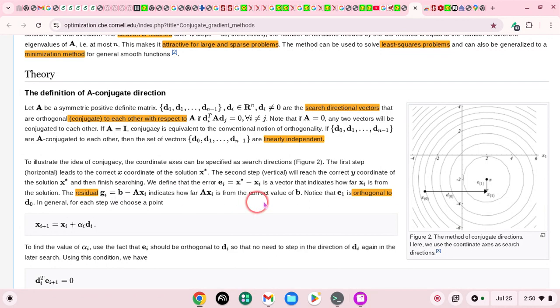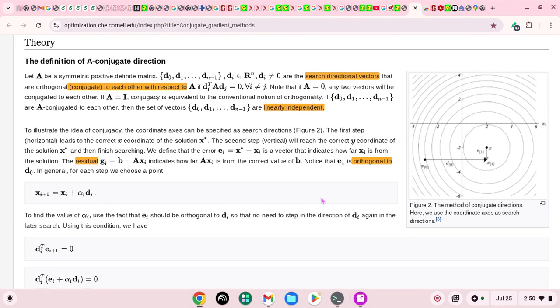Moreover, this ei will also be assumed to be orthogonal to the previous search directions. Based on this property, we can make an iterative update of the solution vector: xi plus 1 is equal to xi plus alpha i di, because xi uses the 0 to i minus 1 subspace, and then an additional term is added on, which gives a better update than xi.